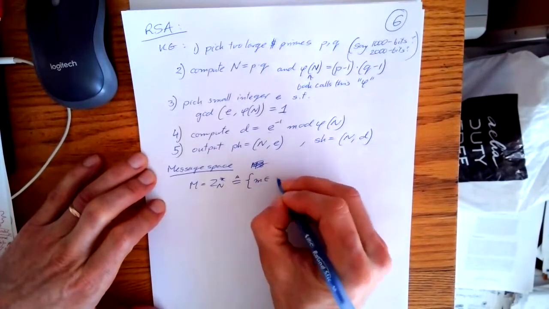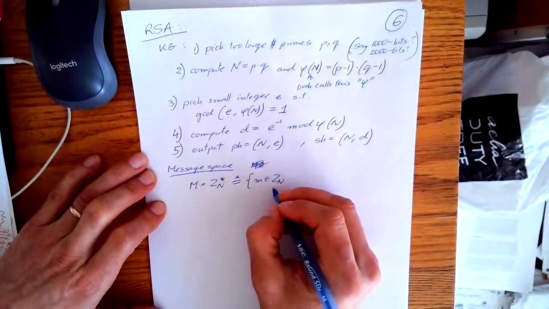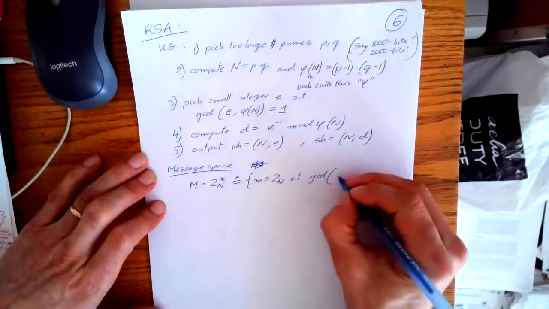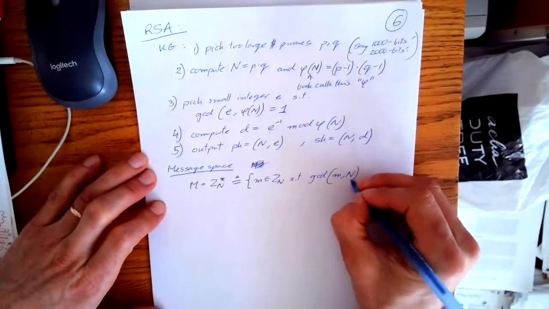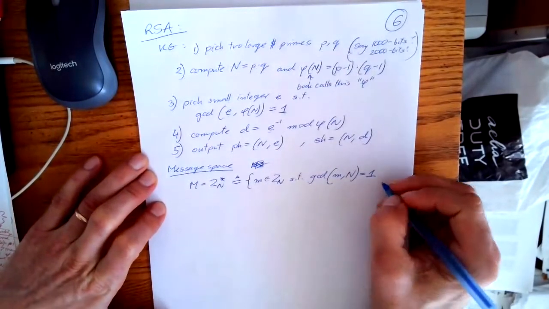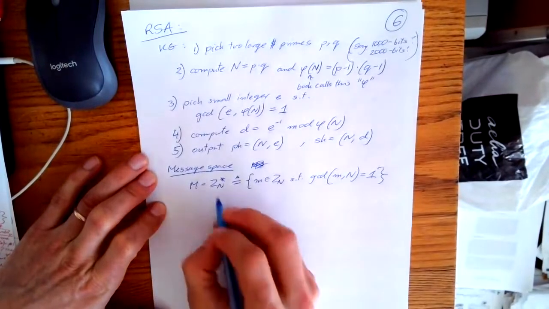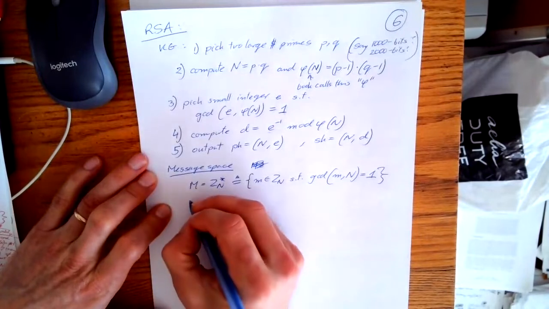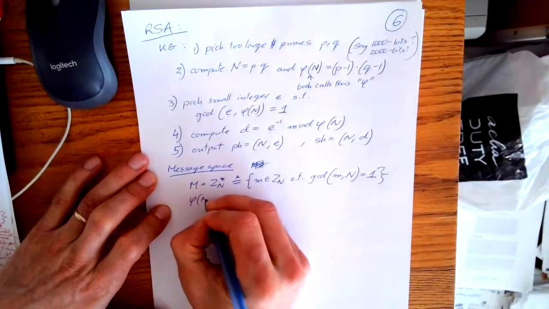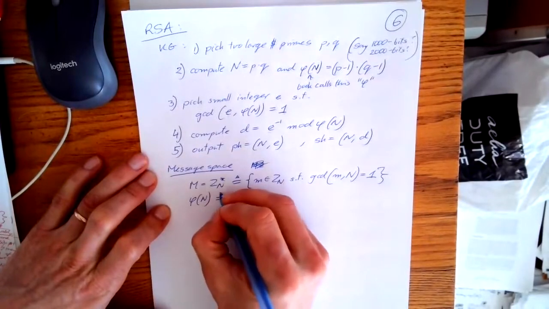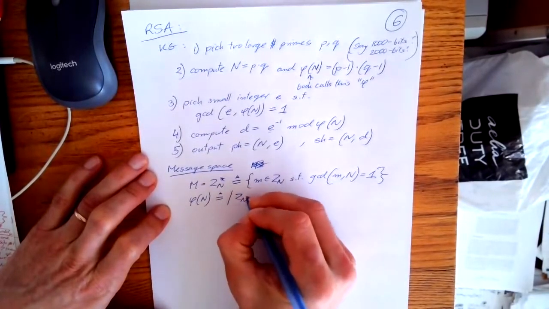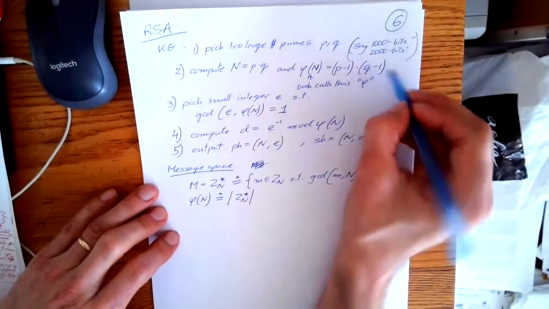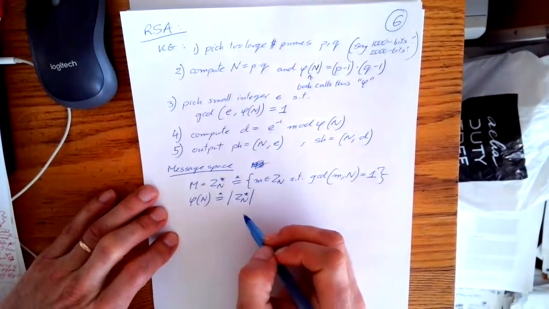It's all the residues mod n such that these residues are coprime with the modulus. This is the message space, and this phi of n function is actually defined as the size of this space.